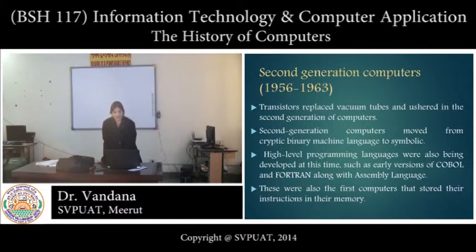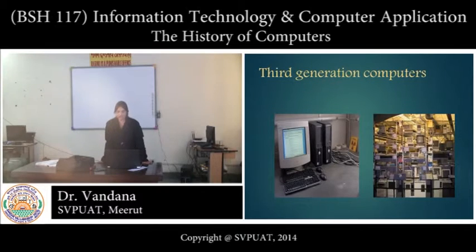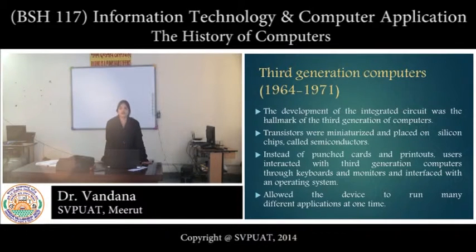And then, as always, there is development in the machine. In the third generation, the integrated chip was considered the hallmark development of this era. Transistors were miniaturized and placed on a small silicon chip, which is known as a semiconductor chip.